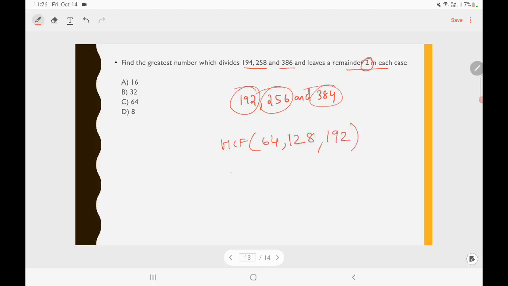So here again we can do repetitive subtraction. 128 minus 64 is 64. 192 minus 128 is again 64. 192 minus 64 is 128. So here 64 is a factor of 128. So the HCF will be 64. So 64 is the correct answer.